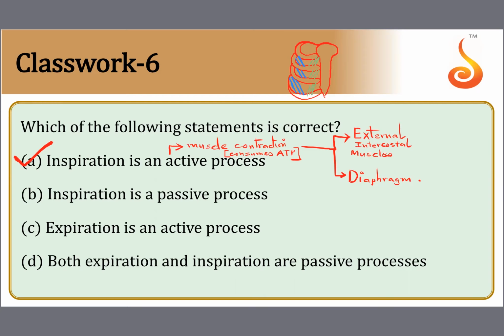So let me label the blue ones here as the external intercostal muscles. These are the ones which help in inhalation. For E, it is I. You can remember something like that.